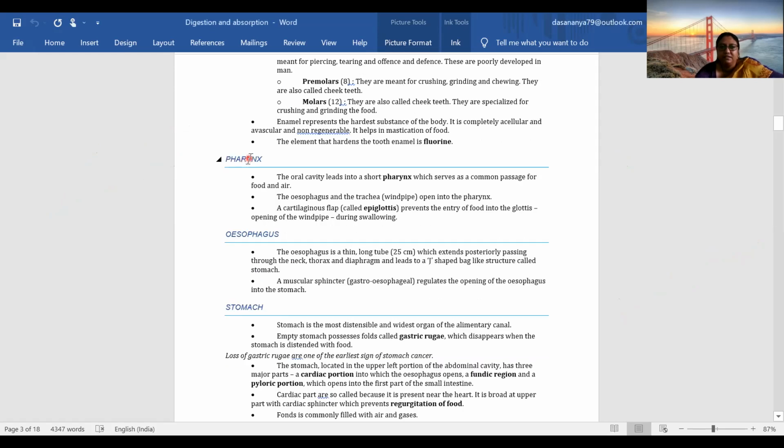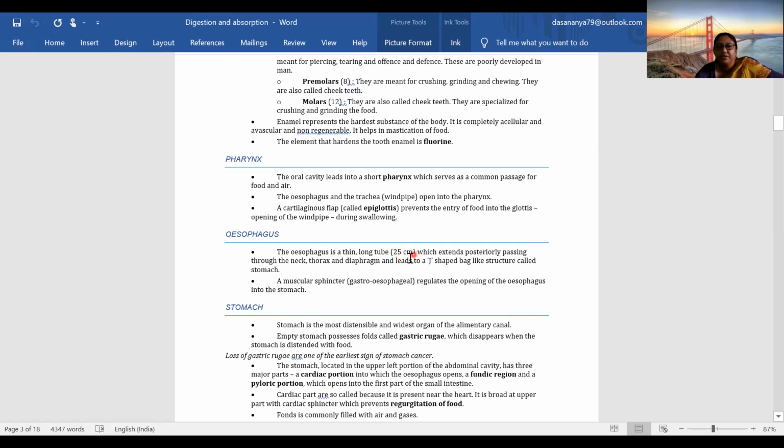After this pharynx, the next part that is there is called the esophagus. Commonly, the esophagus is also called the food pipe. So what is the specialty of this food pipe? The esophagus is a thin tube. It's not very wide.